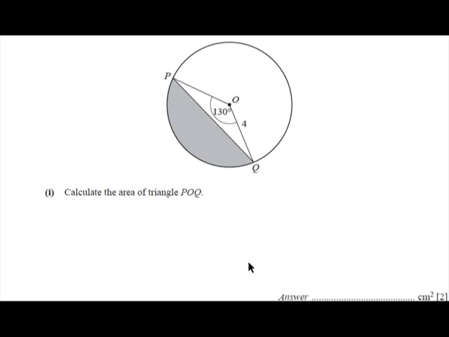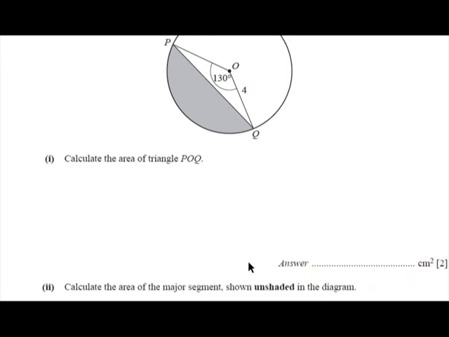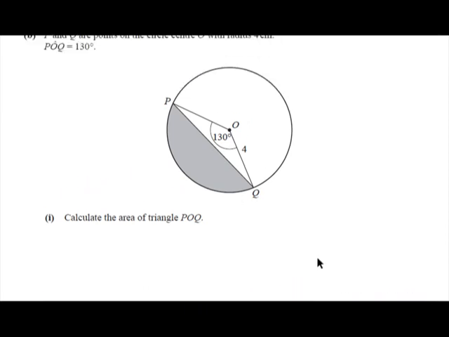You can check for yourself that that answer agrees with the marking scheme. The next part of the question says calculate the area of the major segment shown unshaded in the diagram. So the major segment is PQ, and that includes the triangle we've calculated, which I've already calculated to be 6.13.